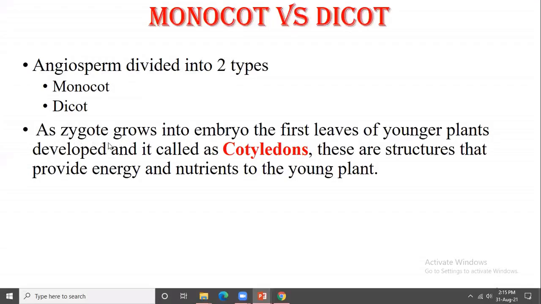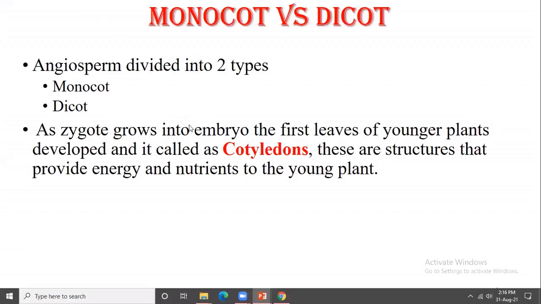Okay. As the zygote grows into an embryo, the first leaves of the young plant develop and are called cotyledons. These are structures that provide energy and nutrition to the young plant. What is the zygote? Egg cell and sperm cell fused together form the fertilized egg cell called zygote, no?